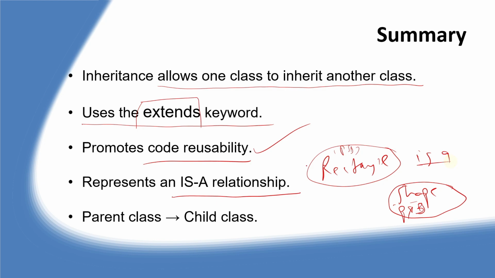That's why we say is-a relationship. So a rectangle has the properties and behaviors of the shape class plus its own properties and behaviors. So inheritance represents an is-a relationship. Parent class is shape, child class is rectangle.